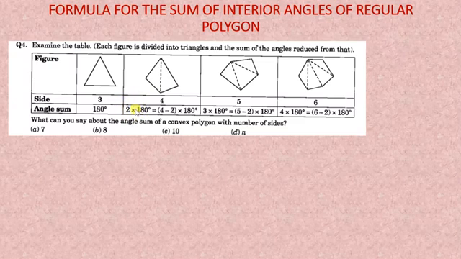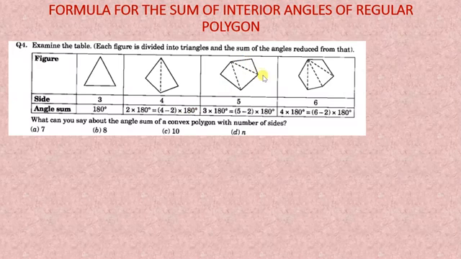If we want a correlation of this 2 with the number of sides 4 of this polygon, then we can write 2 as 4 minus 2, multiplied by 180.